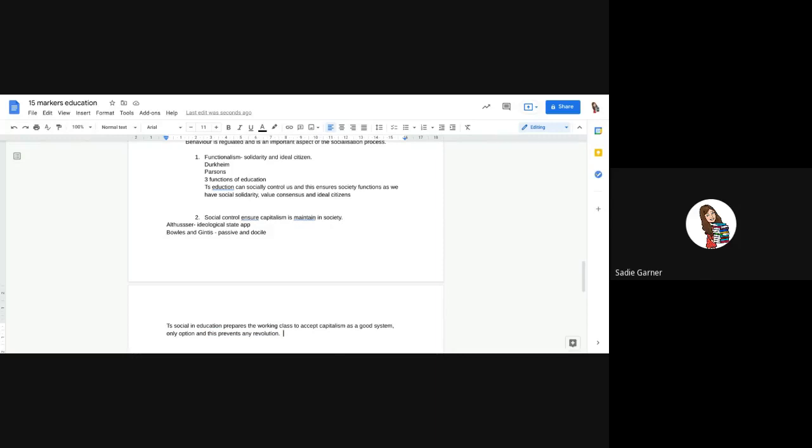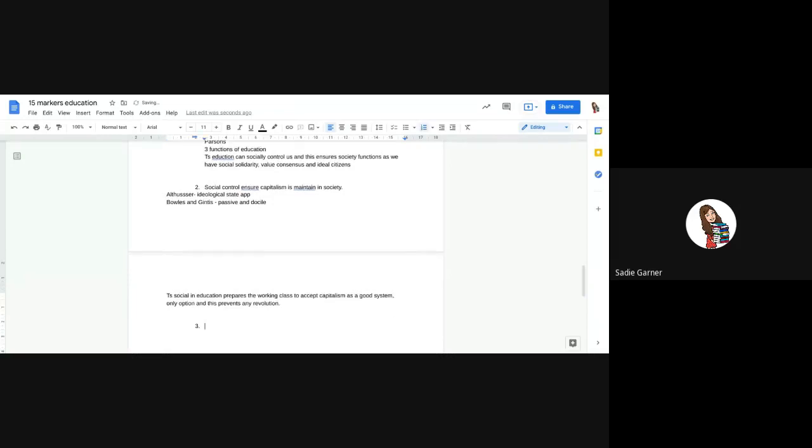So for the third paragraph, you're going to veer off a little bit here. You might want to consider that effective social control can mean groups may be easier to teach or engage.